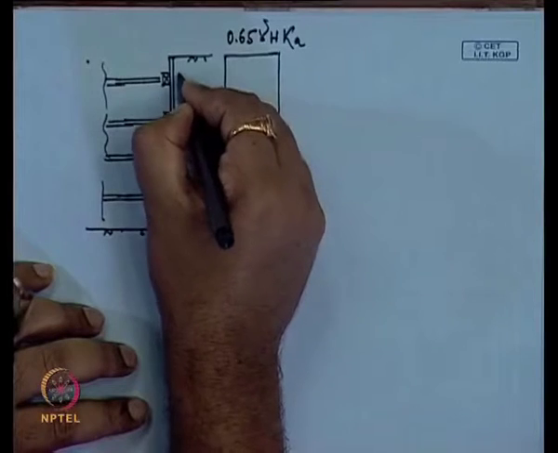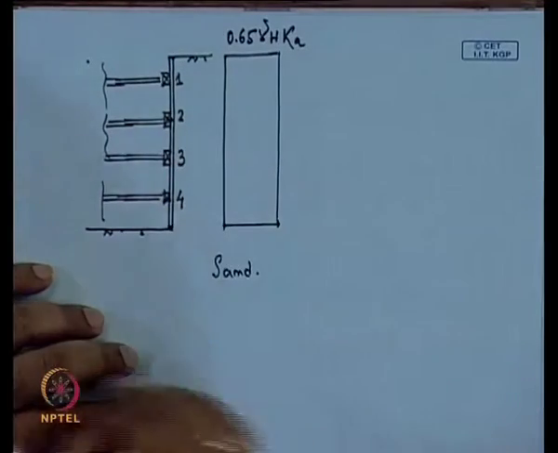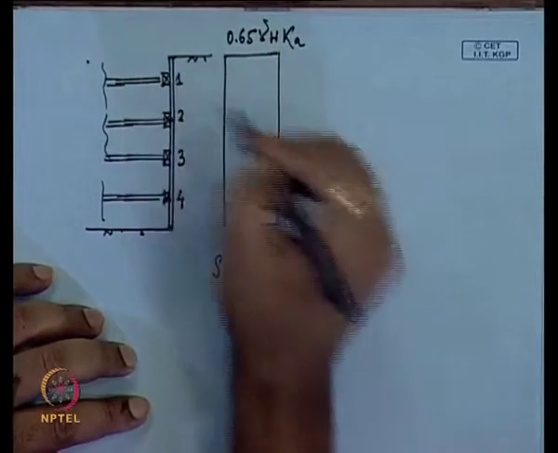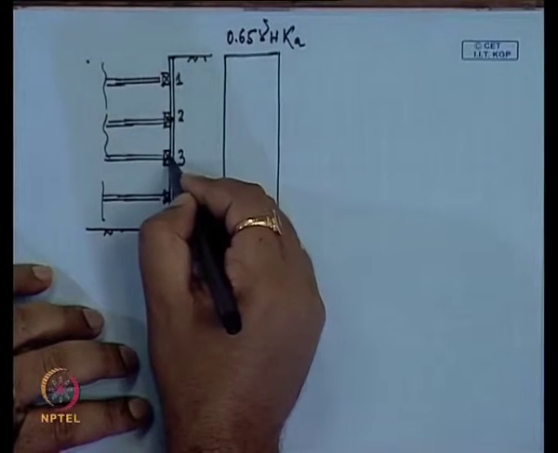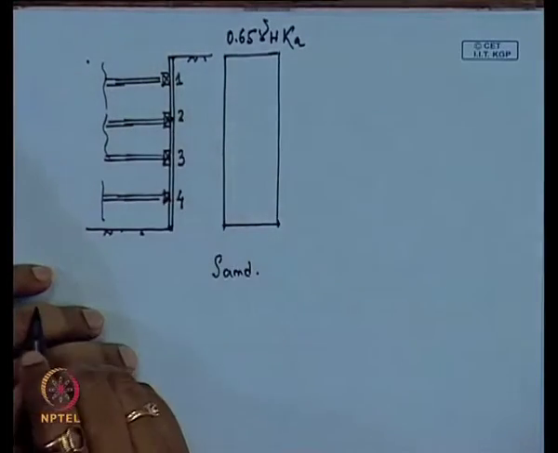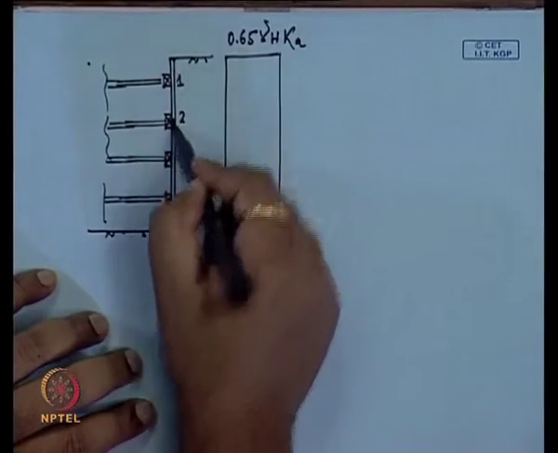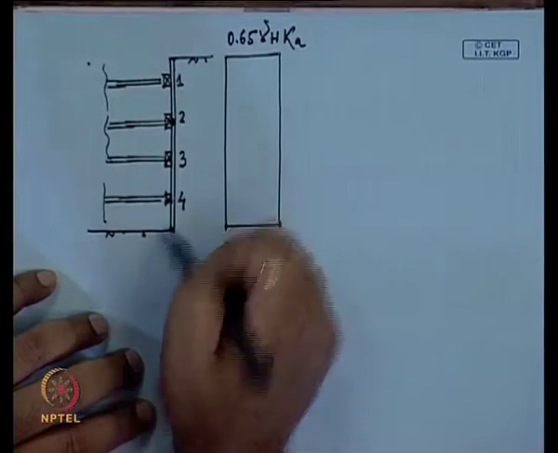So, this is the first strut, this is the second strut, this is the third strut, this is the position of the fourth strut. So, we are taking one beam from top to second strut, another one second to third, another one third to bottom. So, there are 3 beams we have decided: one from top to second strut position, another second to third, and third to the bottom.